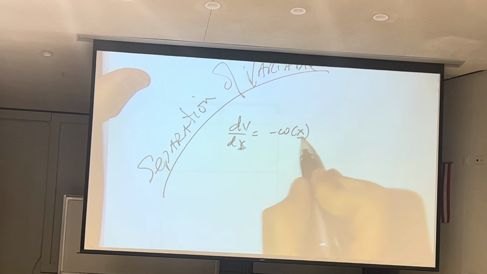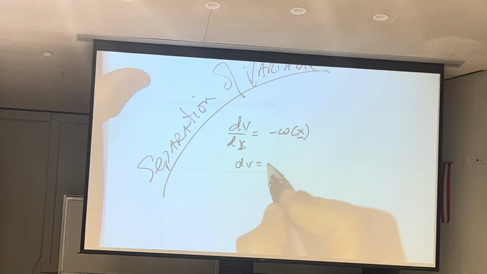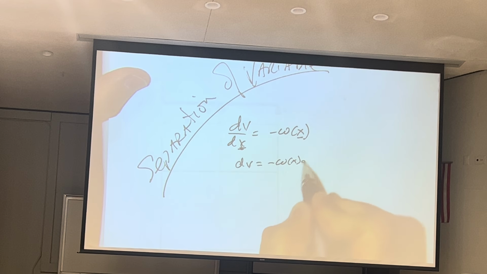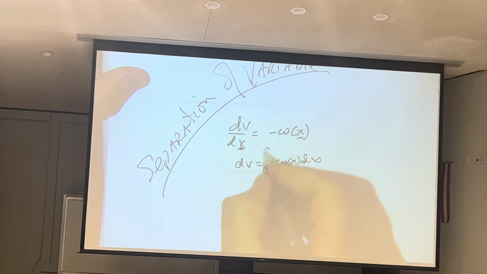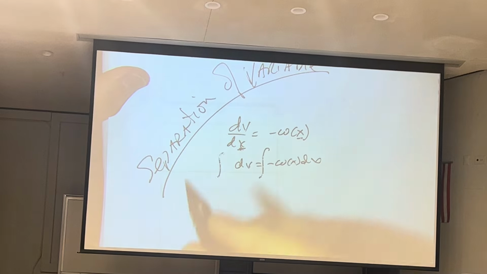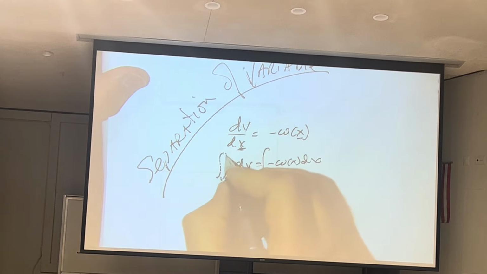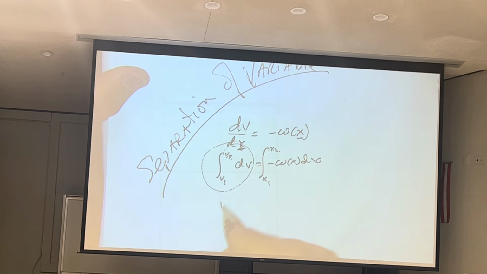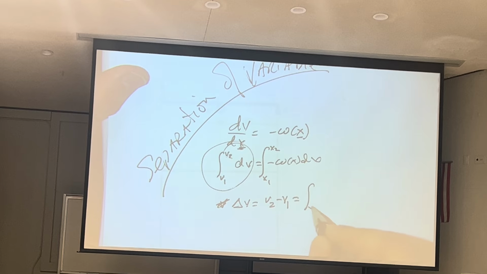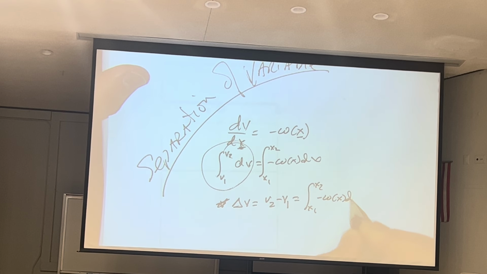There's an x, so I'm going to say dV equals minus w of x dx. Now I'm going to integrate this from V1 to V2, from x1 to x2. When I integrate this, change in V, which is V2 minus V1, is equal to the integral from x1 to x2 of minus w of x dx.